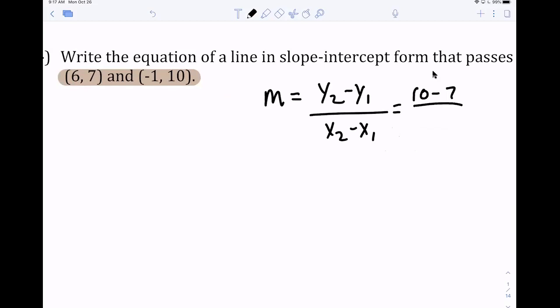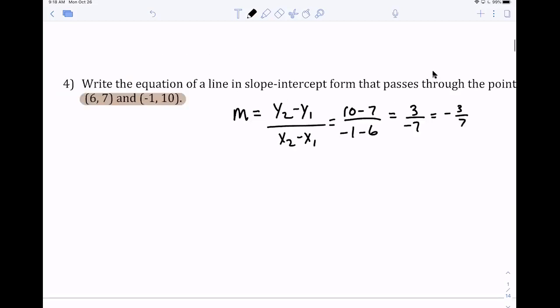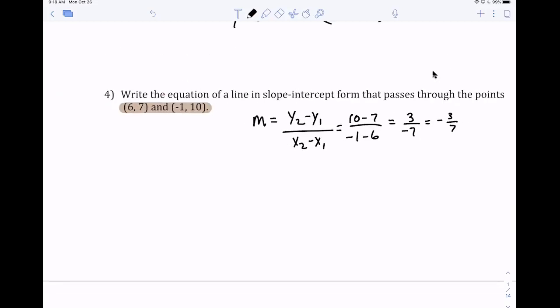Over -1 minus. Perfect. So what is that? 3 over -7. We don't say 3 over -7, we just say -3/7. You okay with that? Now go ahead, write me the equation.